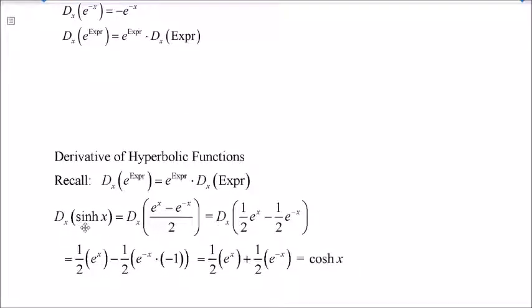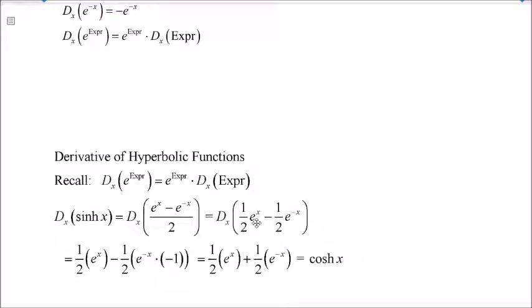Hyperbolic sine of x is defined as e to the x minus e to the negative x divided by 2. Let's rewrite this as 1/2 times e to the x minus 1/2 times e to the negative x.